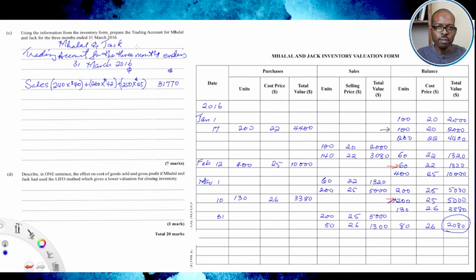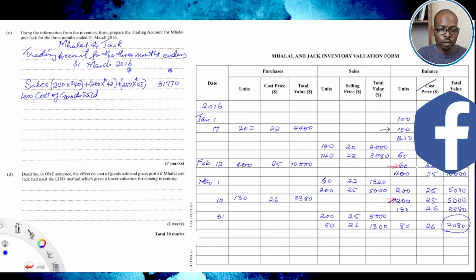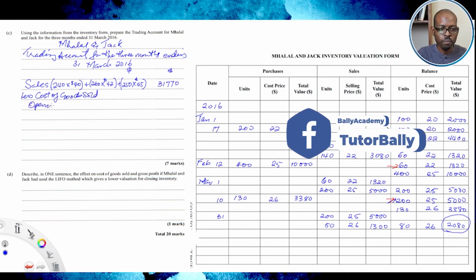Look at the sales quantities and the selling prices which are next to the quantity and you do the multiplication. So sales, we have our sales figure. We're going to subtract from our sales figure cost of goods sold. And cost of goods sold is made up of opening inventory. We'll use inventory because that's the language here.